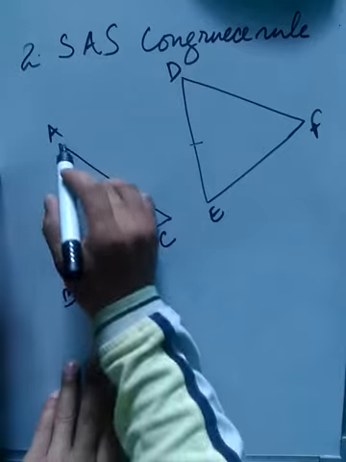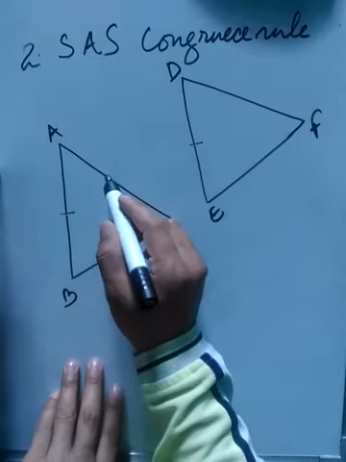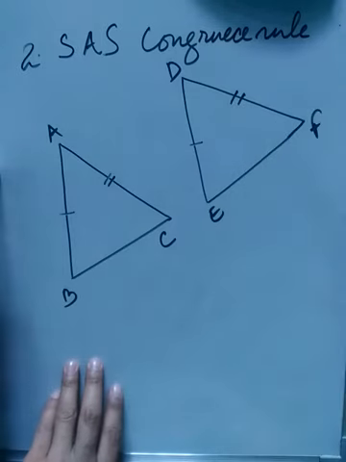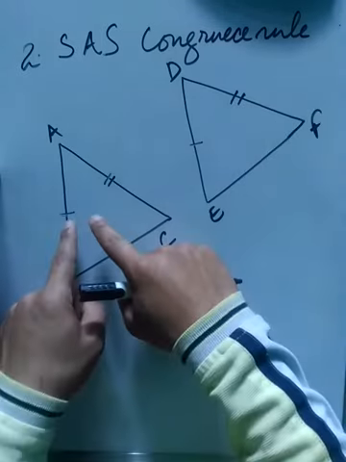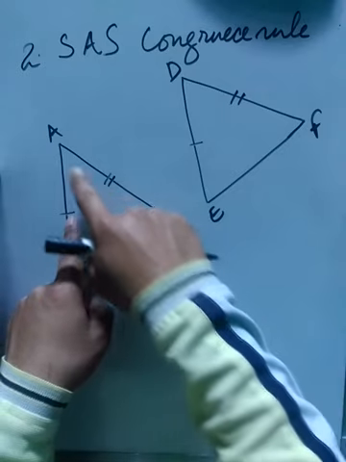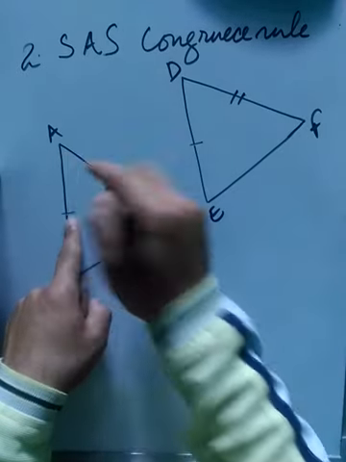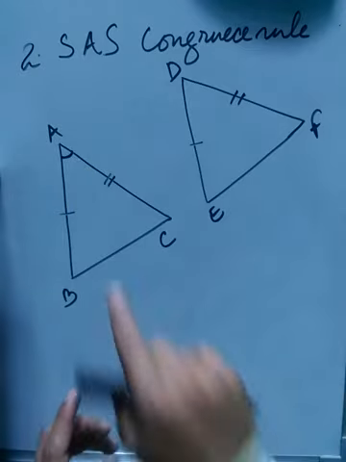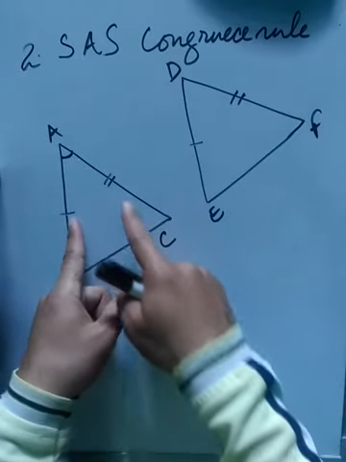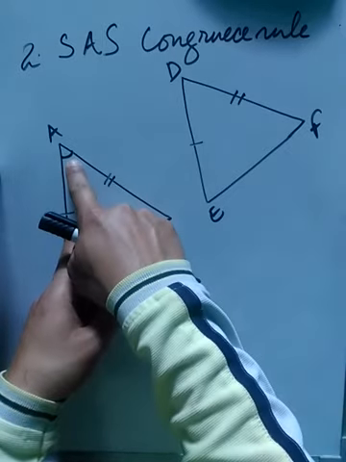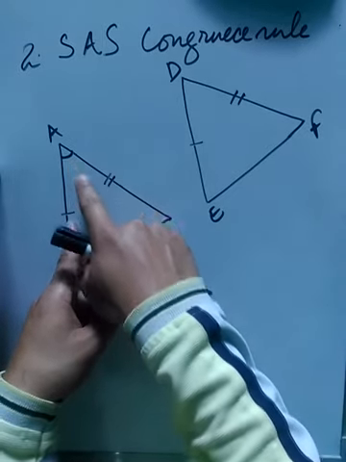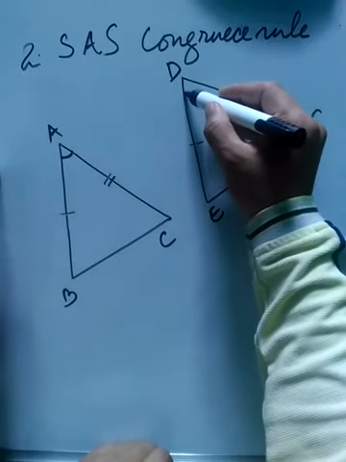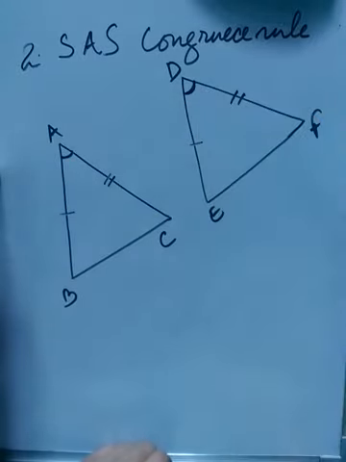Then next, AC is equal to DF, and between these two sides there is one angle. What is the angle? Angle A. This angle A is what we call the included angle. Let me repeat, between this side and this side there is an angle here. This angle is what we call the included angle. Similarly, here D will be the included angle.